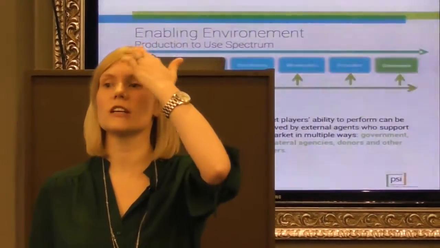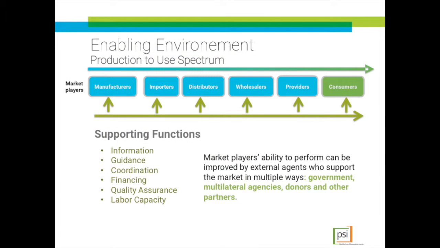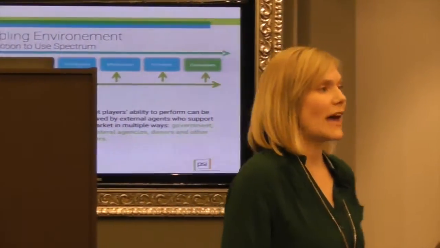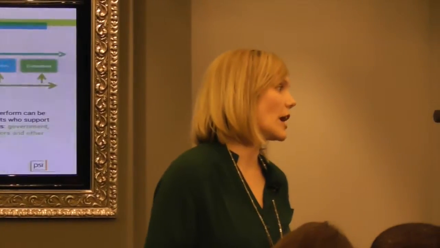It's important to think, when we are talking about the supporting functions, who are the other agencies influencing this? Government comes in, donors and partners, right? So even though the government and donors and partners are not on the top of the production to use spectrum, they do influence the market players' ability or capacity and incentives to perform or not, and we need to consider those when we're reviewing the supporting functions.